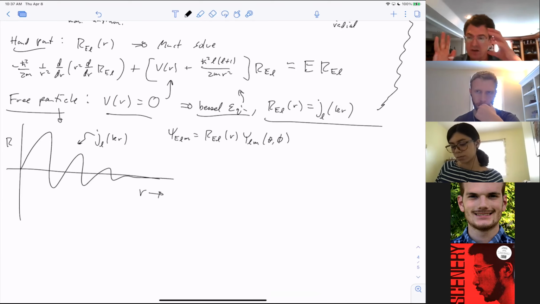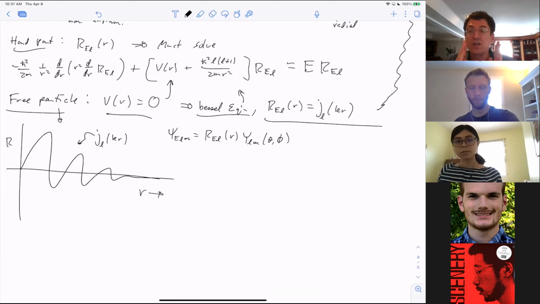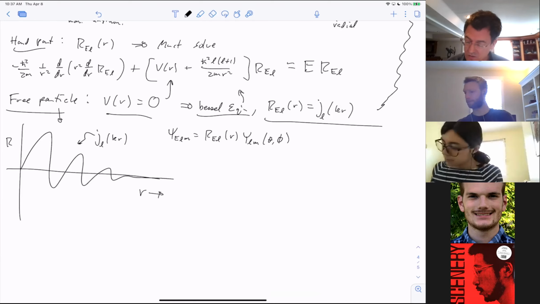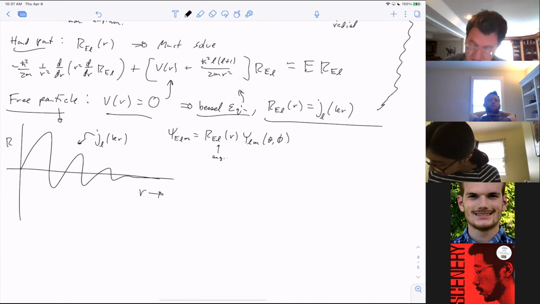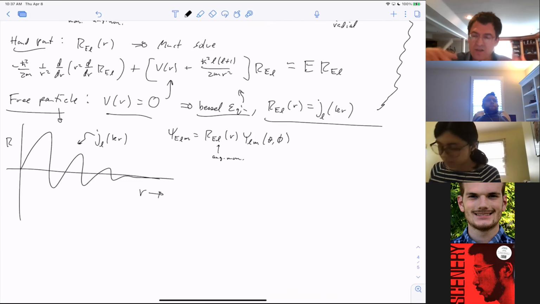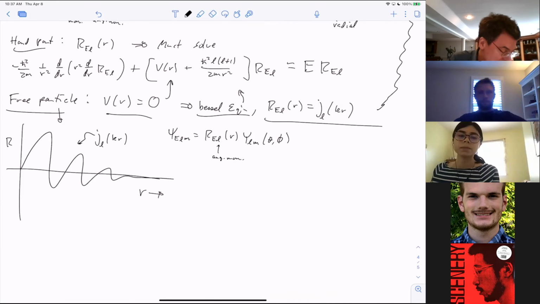And so the radial part is associated with a well-defined angular momentum. That's this, the angular momentum.